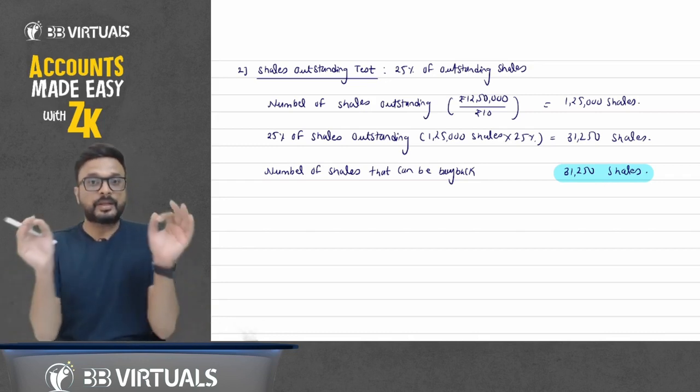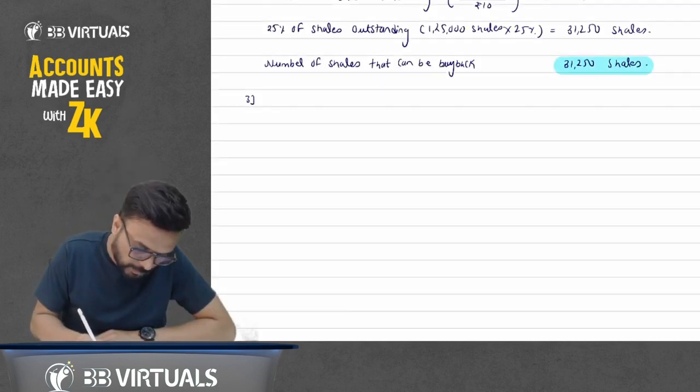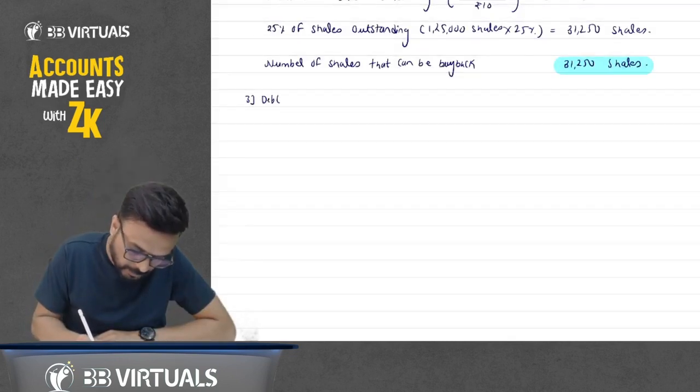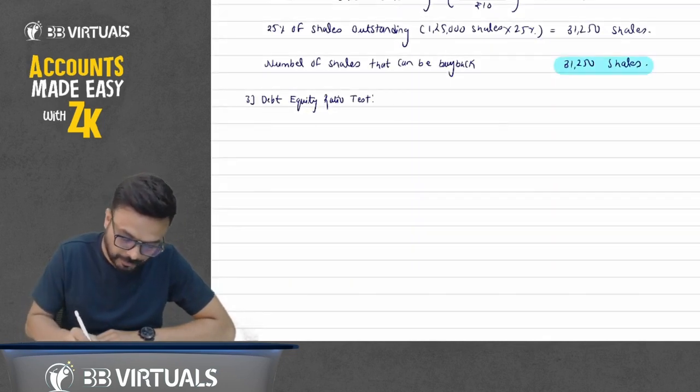So as per the second condition, the maximum number of shares that can be bought back is 31,250. Now there is one more test, the third test, which is the debt equity ratio test.